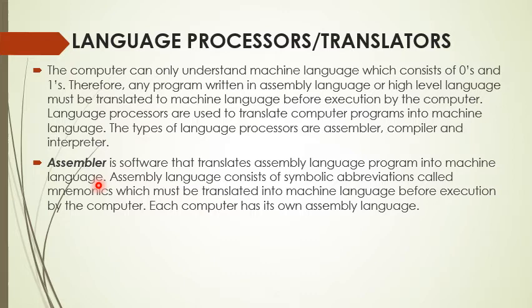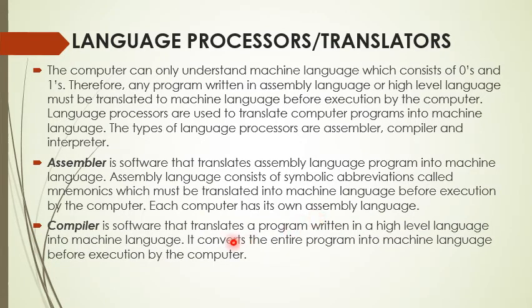The translator software used for that is known as an assembler. Assembly language consists of symbolic abbreviations called mnemonics, which must be translated into machine language before being executed by the computer. Each computer has its own assembly language.